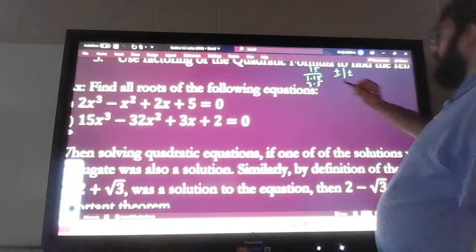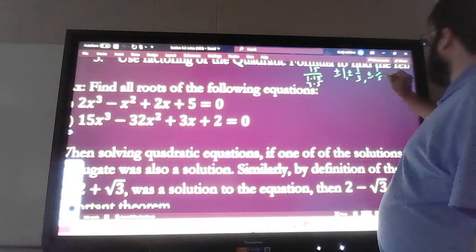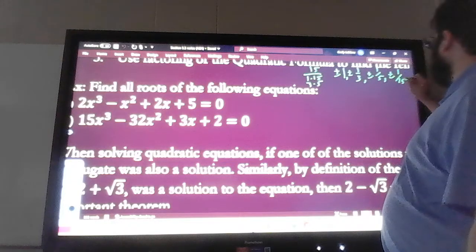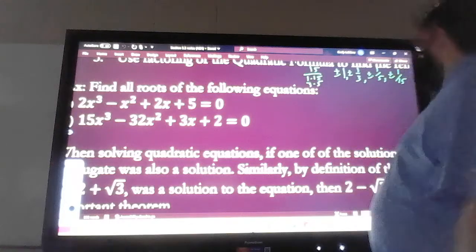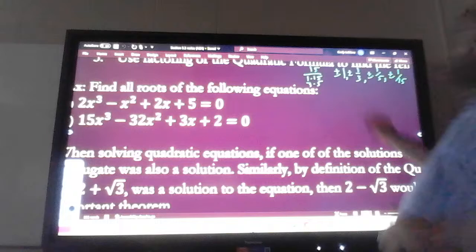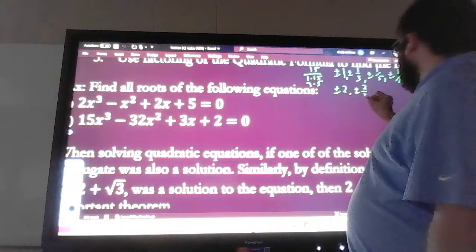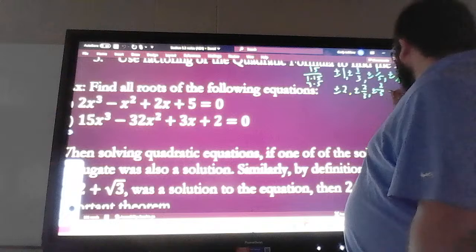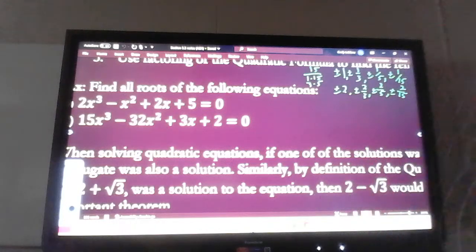Plus or minus 1/3, plus or minus 1/5, plus or minus 1 over 15. And then of course, if my numerator is 2, that's plus or minus 2 over 1. So that's plus or minus 2, plus or minus 2/3, plus or minus 2/5, plus or minus 2/15. So eight, well, technically 16 potential roots, okay?